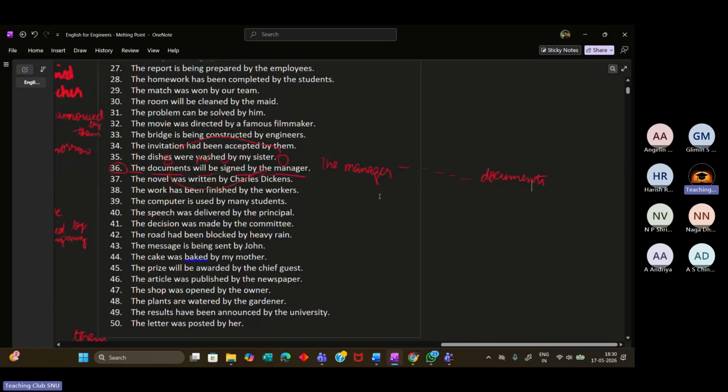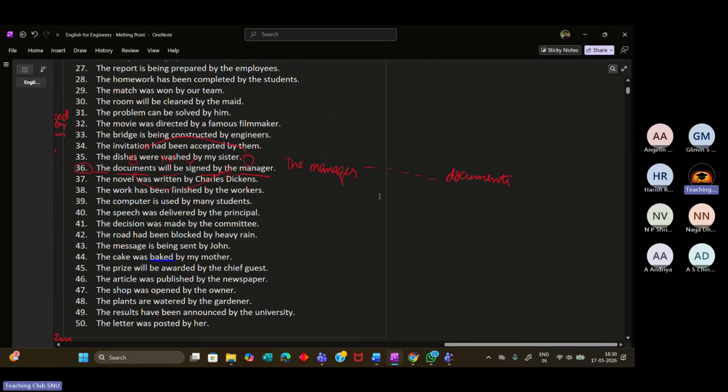We have to change it into active. Okay. So what is it? It's in future simple, as far as passive is concerned. So what do we do? We make sure it sounds like future simple in the active voice. So will be sign becomes will sign. See, in active to passive, we would have added a be here and made sign to signed.